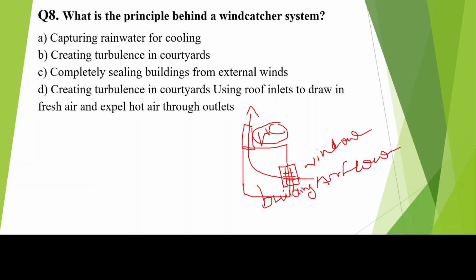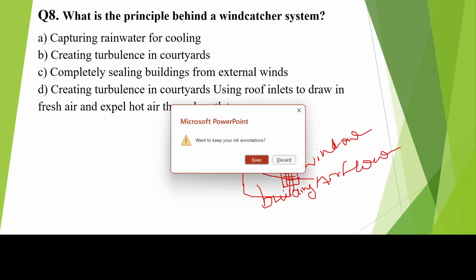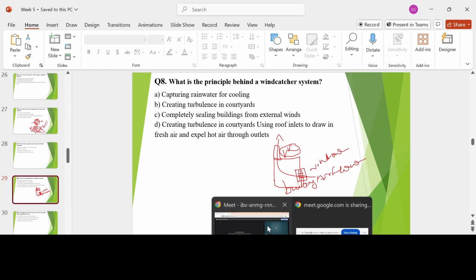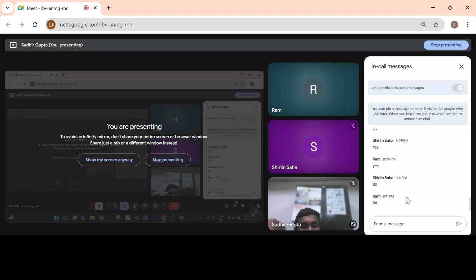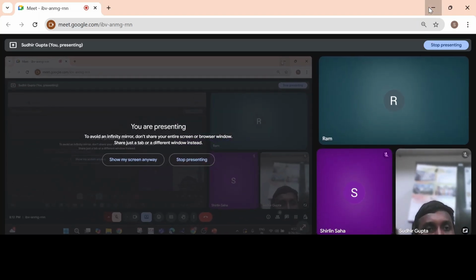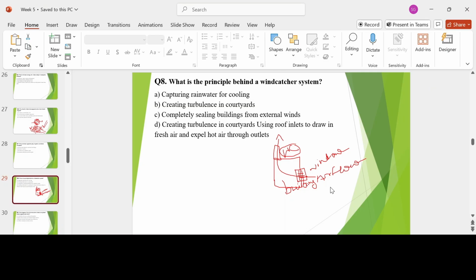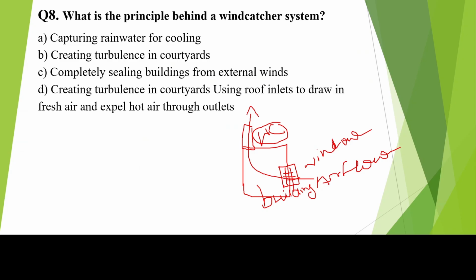I hope all of you have understood it well now, and all of you can answer it correctly. So all of you have got the diagram and understood the concept also. With this you will be able to recall from the next time that it is helping us to create turbulence in the courtyard.